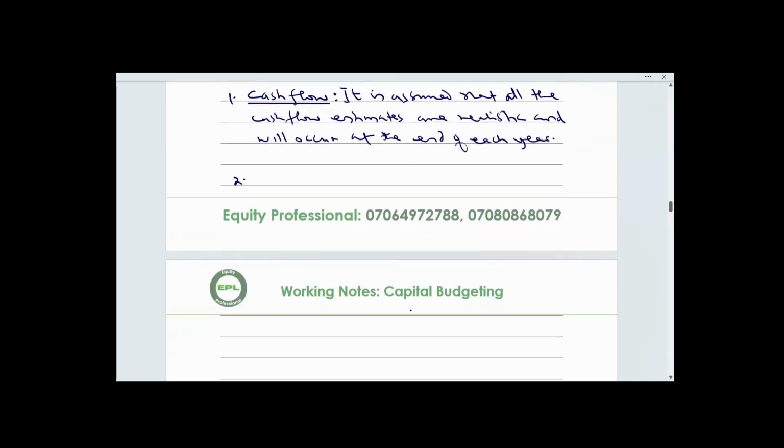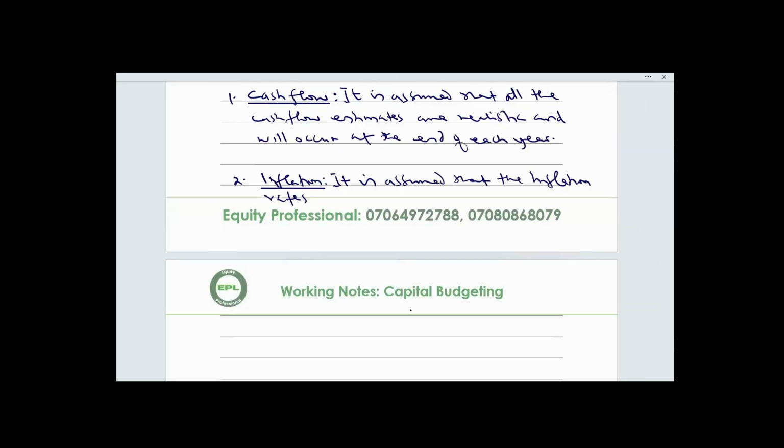Then number two, you can talk about inflation. We're not given cost of capital in the question, so no need to comment on cost of capital. But we are given inflation, so you talk about inflation. What's the assumption on inflation rates? You then say it is assumed that the inflation rates, we are given inflation rate of 5% and 7%.